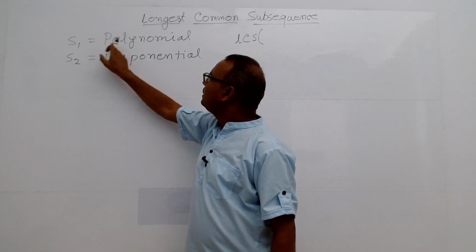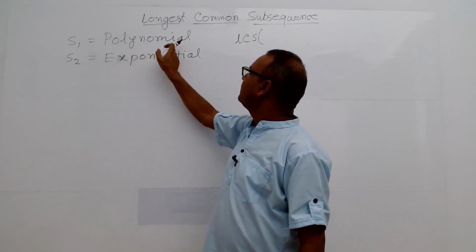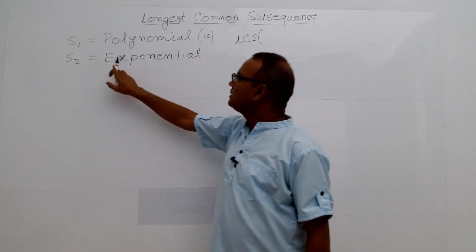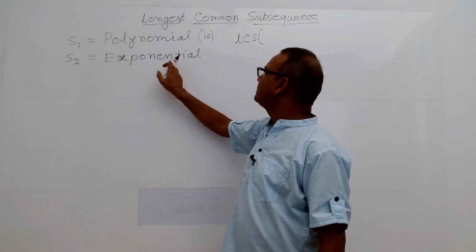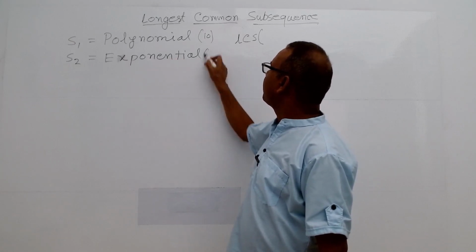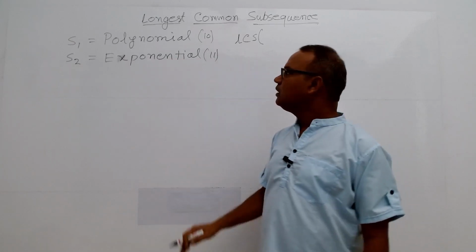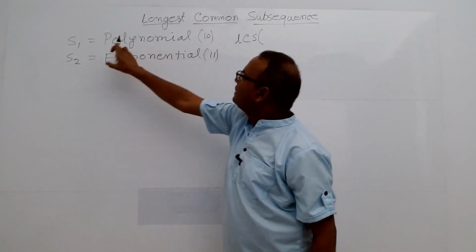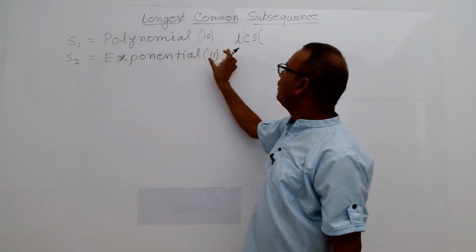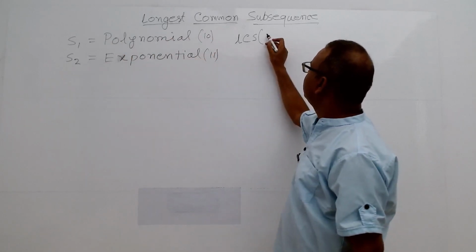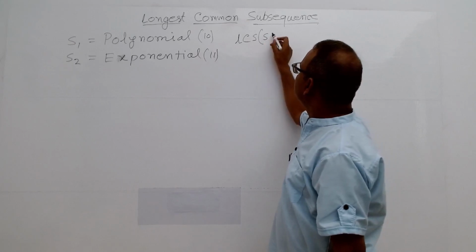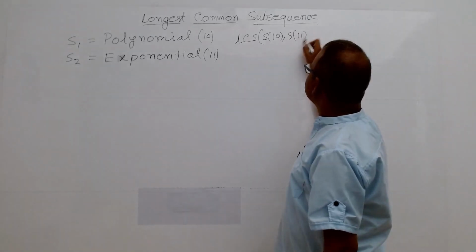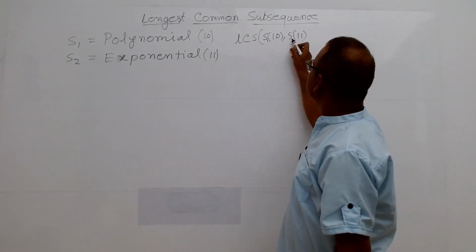S1 has length 10 and S2 has length 11. So we have to compare a string of length 10 and a string of length 11. So I can write S10 and S11. This is S1, this is S2.